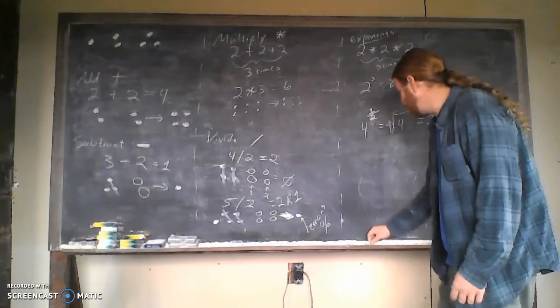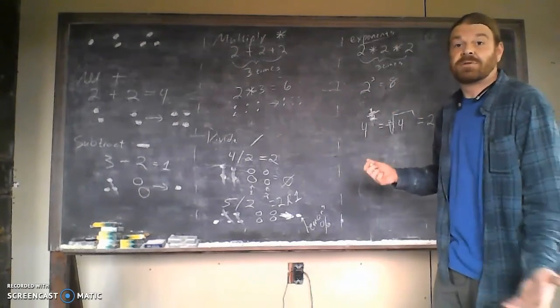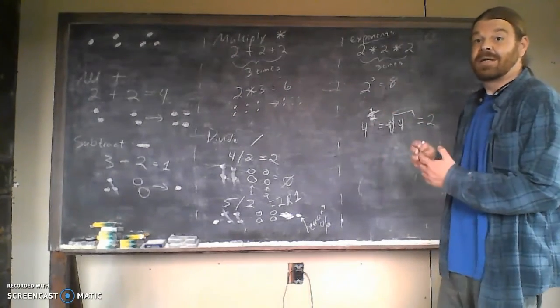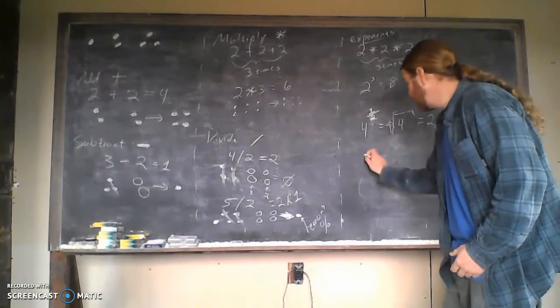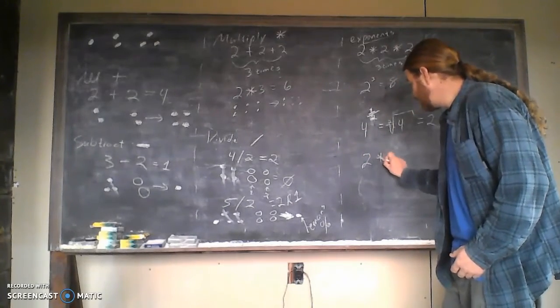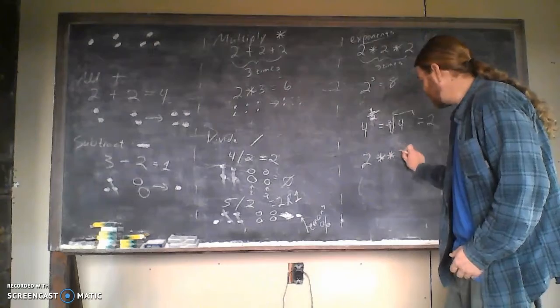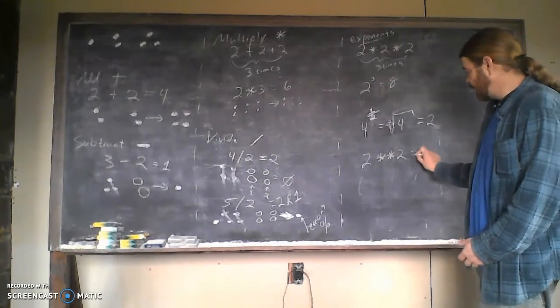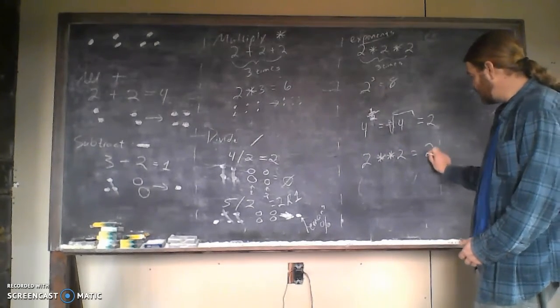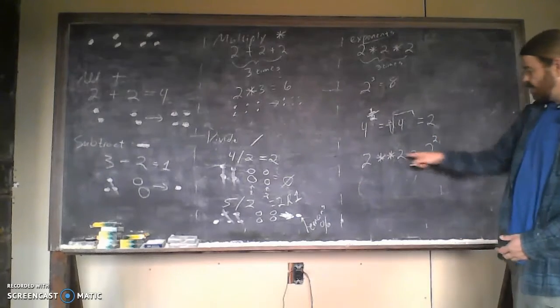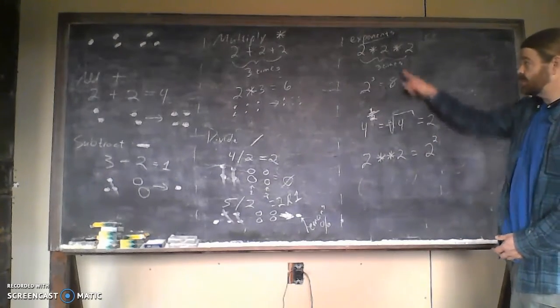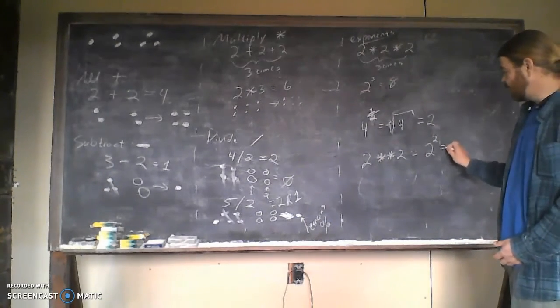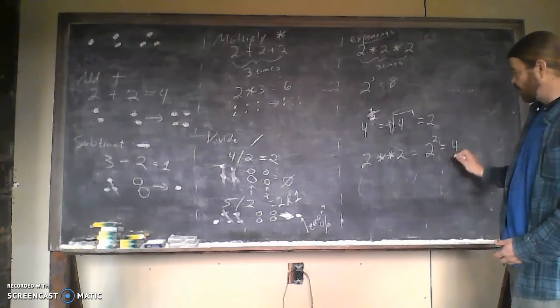because that's how we'll need to notate it in computers. Well, we're in Python, so two asterisks are going to be our exponent. It's like 2 asterisk asterisk 2. That means 2 squared, the way we'd write it when we were first learning math, which gives us 4.